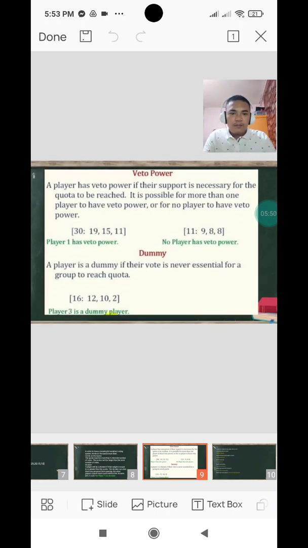A player has veto power if their support is necessary for the quota to be reached. It is possible for more than one player to have veto power, or for no player to have veto power. So we have an example here: 30, 19, 15, and 11.